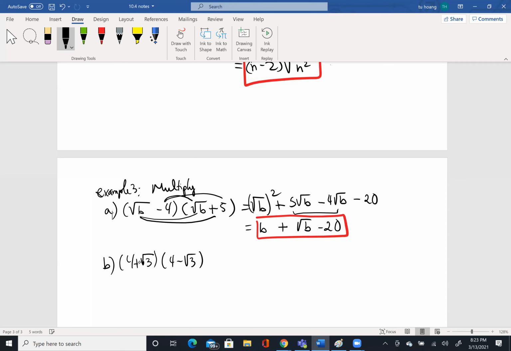These are conjugates of each other, okay? And since they're conjugates, you can just use the formula: 4 squared minus square root 3 squared. And that gives you 16 minus 3, and that gives you 13 as the answer.